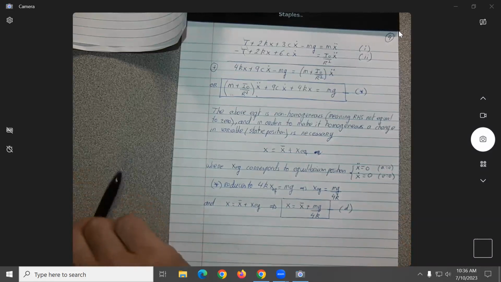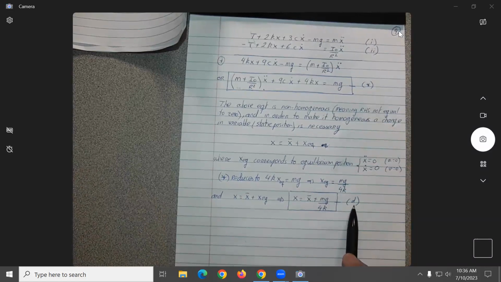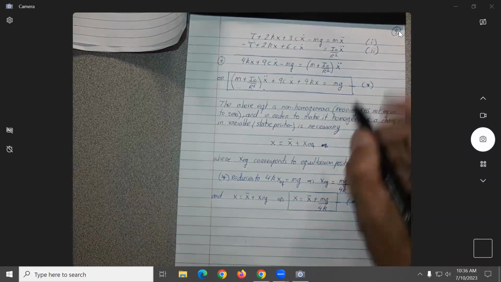Almost there, huh? It's taken us a while. I thought it was maybe a bit faster. So now, finally, what can we do? Substitute this into the equation of motion, no?